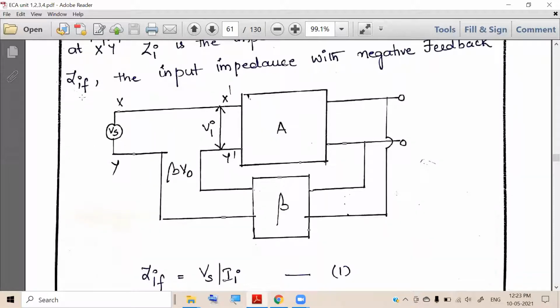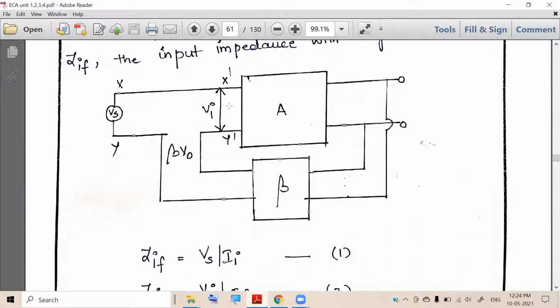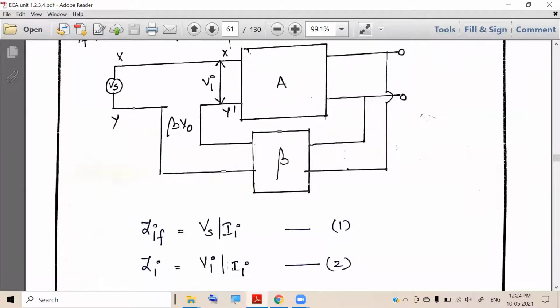Input impedance with feedback will be Vs by Ii. Simply, input impedance Zi will be Vi by Ii, and Zif will be Vs by Ii.